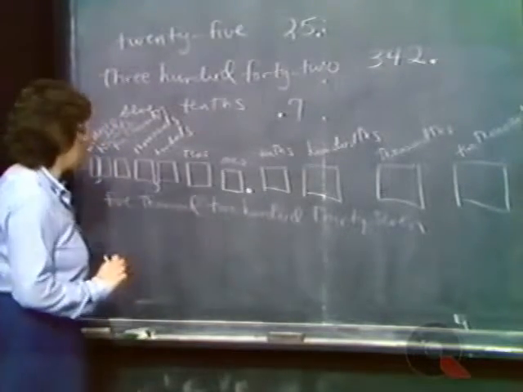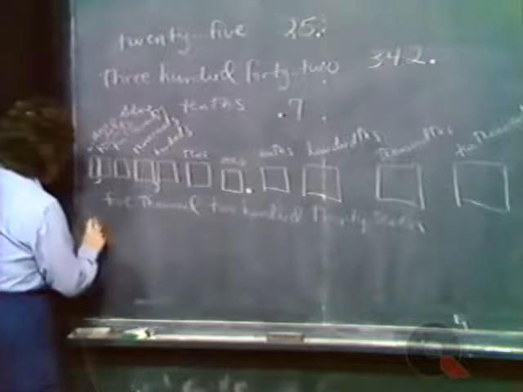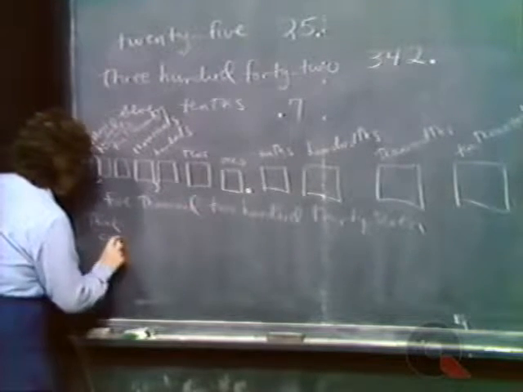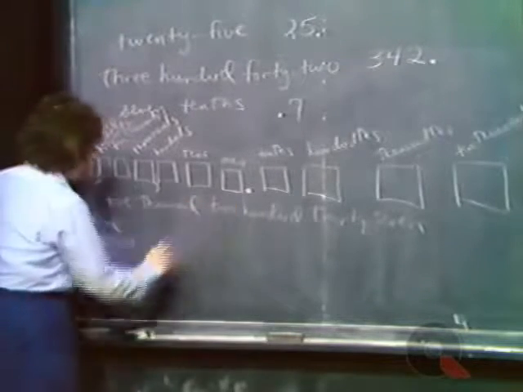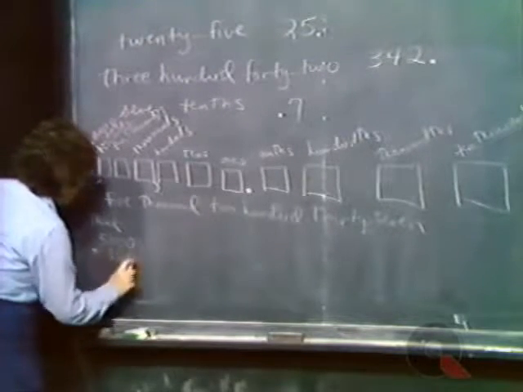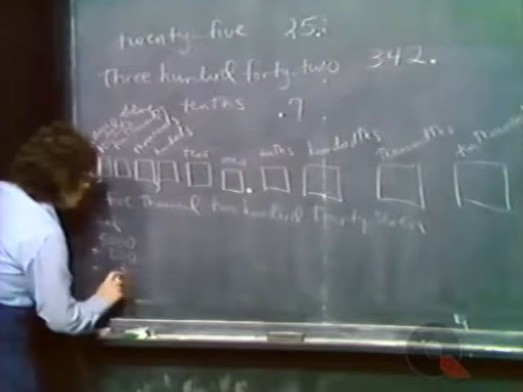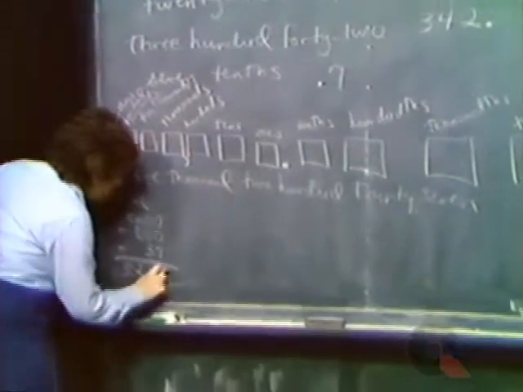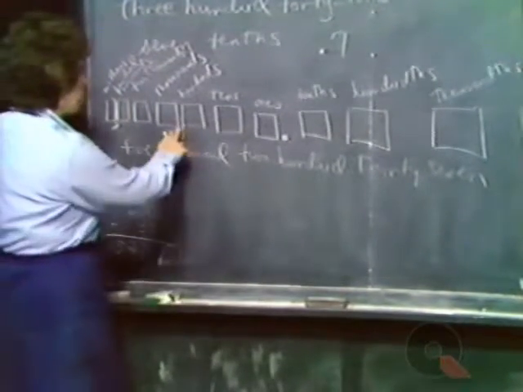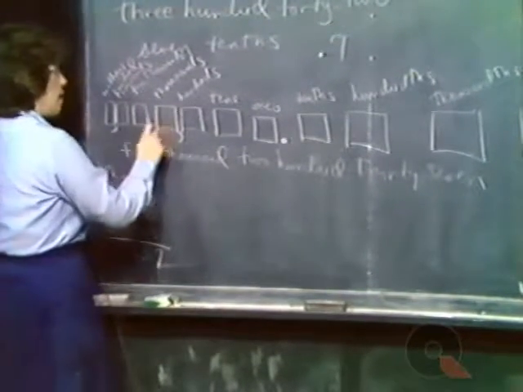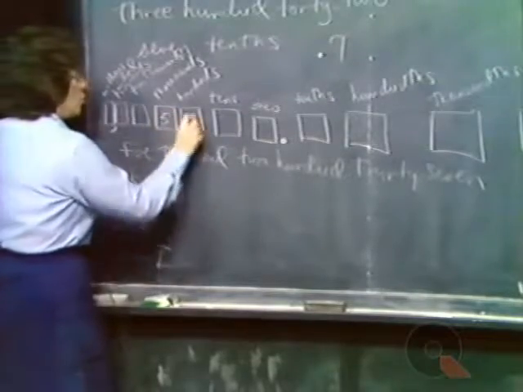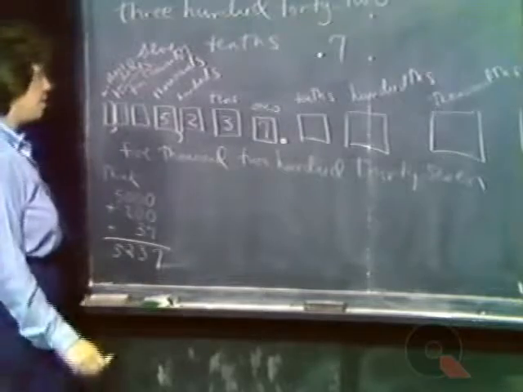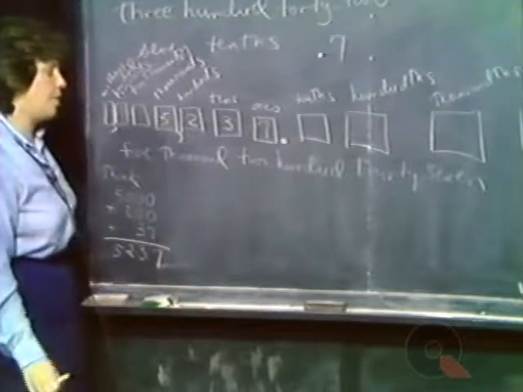If you have trouble with something like this, you should probably think 5,000 plus 200 plus 37 for a total of 5,237. And we would write this in here, where it's 5 in the thousands column, 2 hundreds, 3 tens, and 7 ones. 5,237.